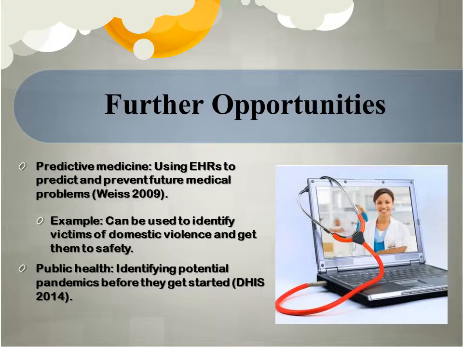Another huge rationale for health informatics is looking at the health of populations rather than individuals. The CDC and its Division of Health Informatics and Surveillance use this on a local, regional, national, and global basis to identify potential public health, epidemic, and pandemic situations before they get out of control.